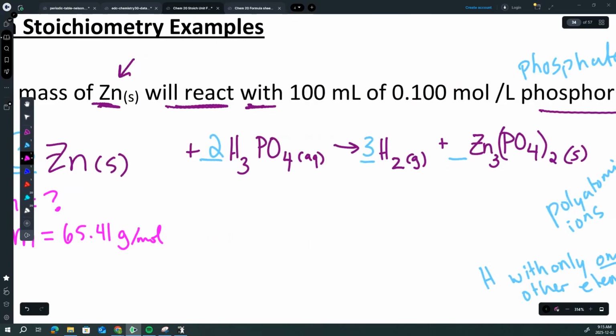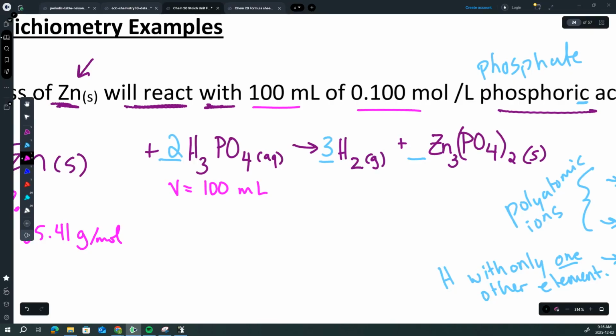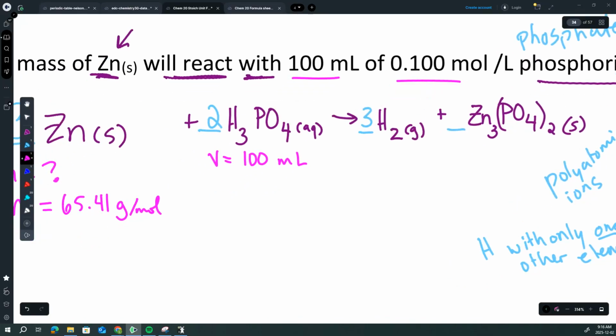Okay, and then it says that we're reacting with 100 milliliters, so volume is equal to 100 milliliters of a 0.1 mole per liter. Because the units are moles per liter, that's how I know it's concentration.